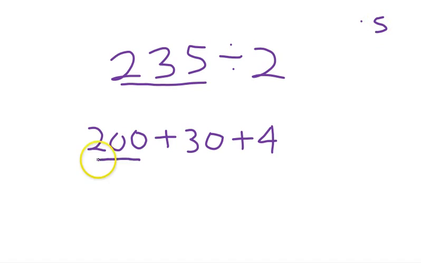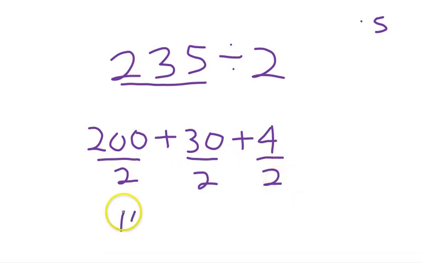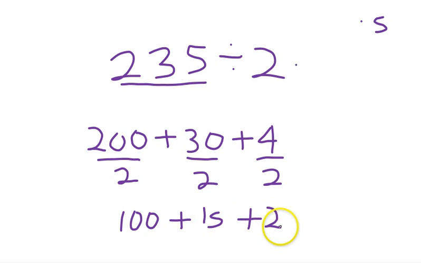Now we know we can divide here by 2 quickly mentally, and that will give us 100. Here by 2 will give us 15. Here by 2 will give us 2. And so we have 100 plus 15. Mentally we can say 115 plus 2, 117. So the final answer will be 117.5. And so 235 divided by 2 will give us 117.5.